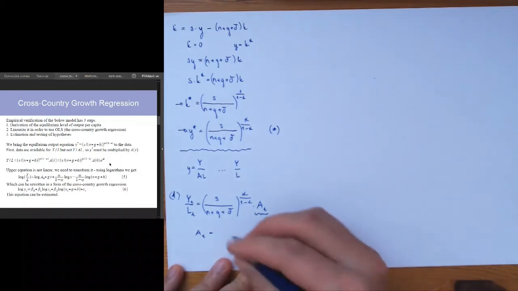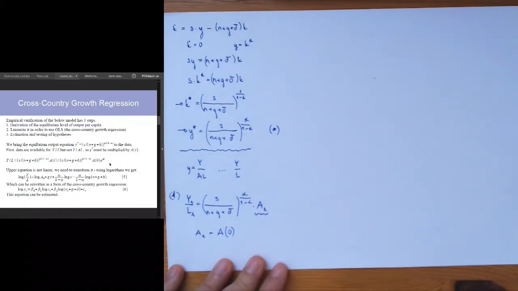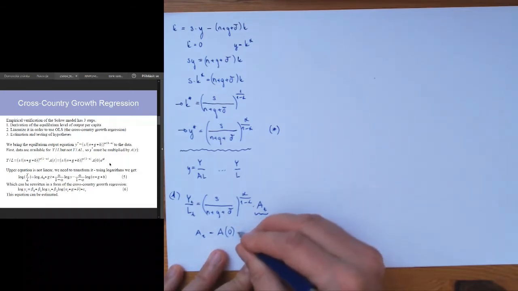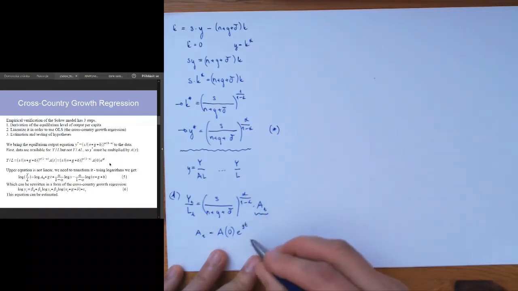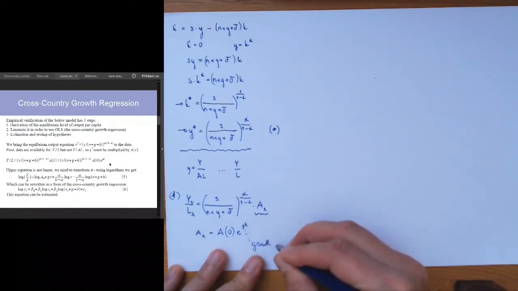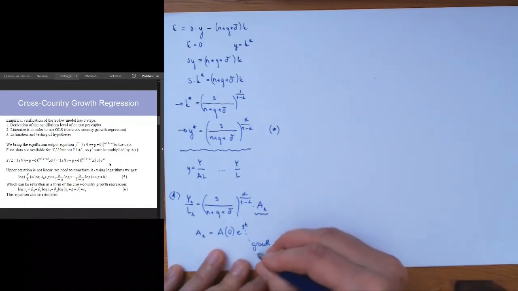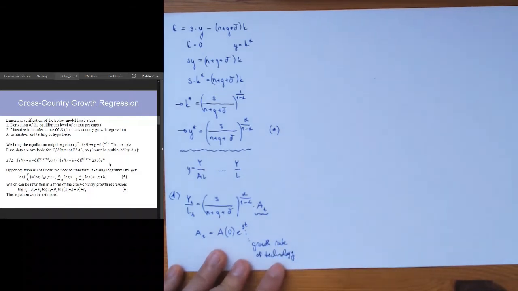And using properties of differential equations, we can express the growth of the variable A(t) using the initial condition denoted as A0 and the exponential to the power of gt. And g is the growth rate of technology or productivity.